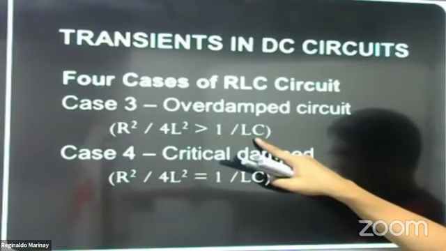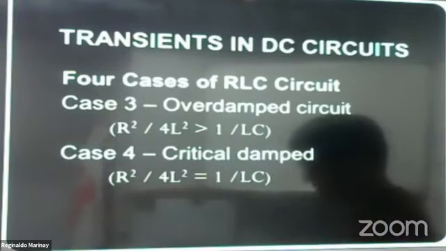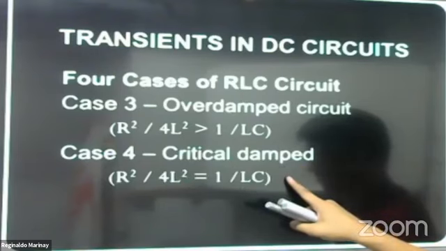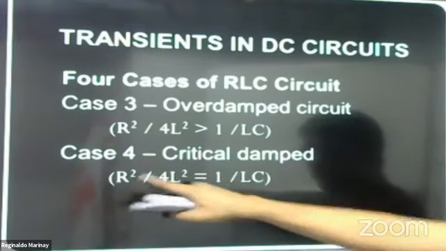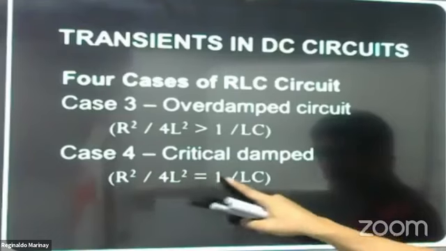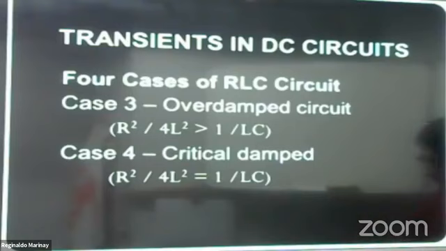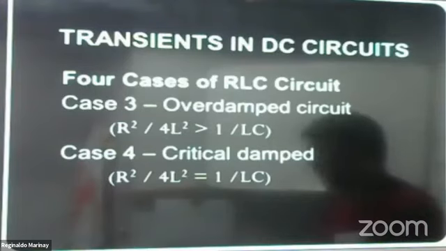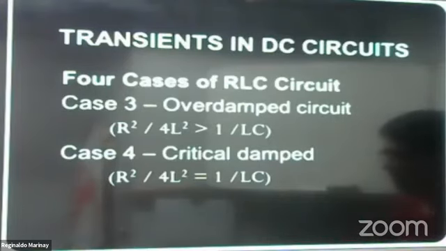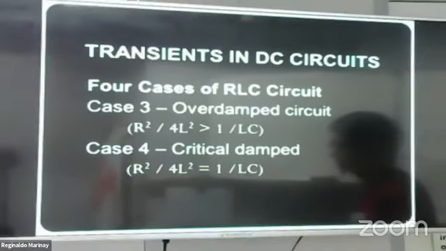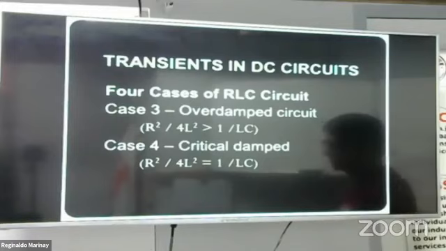Then case 4 is critically damped: R squared over 4L squared is equal to 1 over LC. So those are the 4 cases in a DC RLC circuit. We have to take note of this very important thing. This is where the board exam questions revolve.